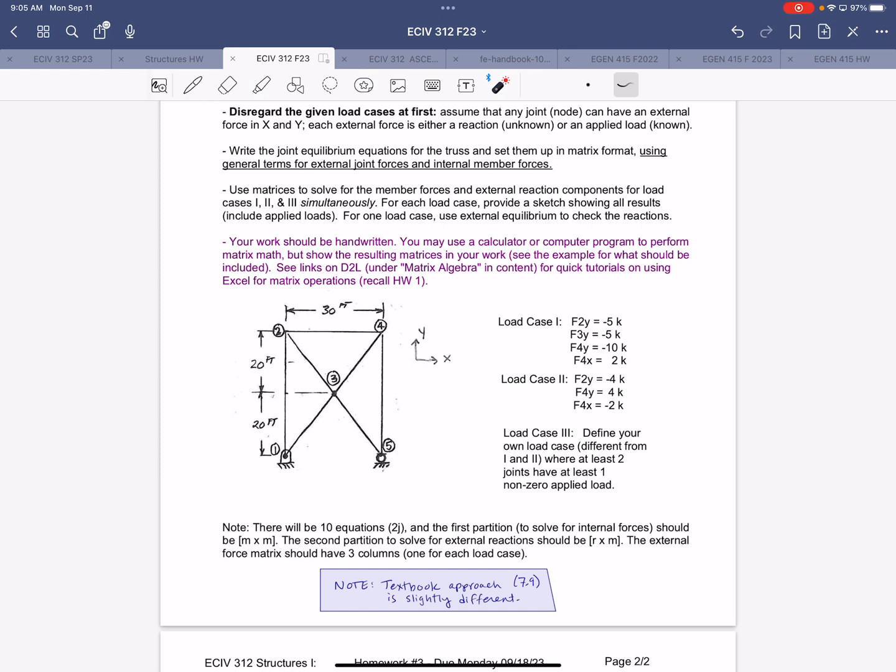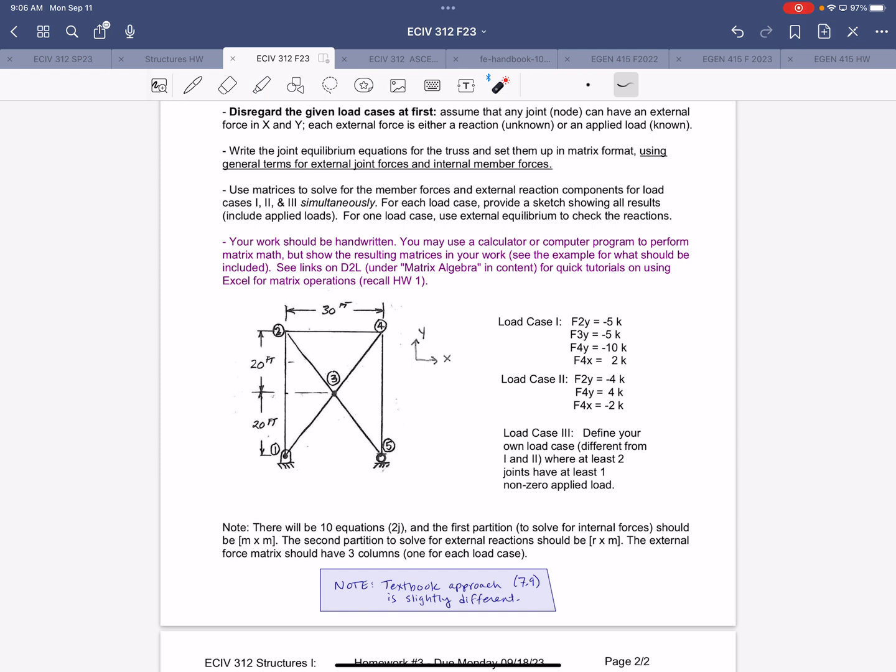Instead of, for example, saying negative 30 kips here, you would have something to represent an applied force in the y direction, right? And you would have to add something to represent an applied force wherever there's not a reaction force in the equation, all right? So you still want to have one external force for each equation, okay?